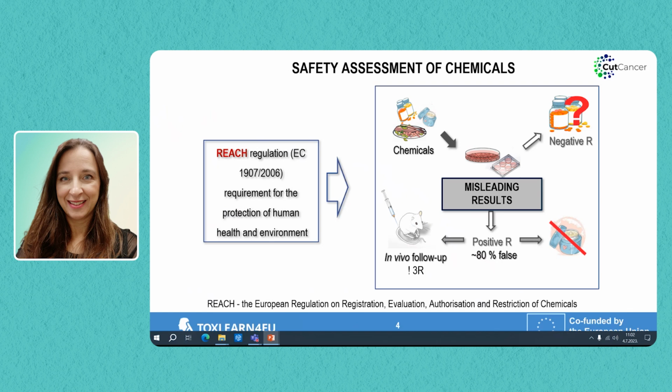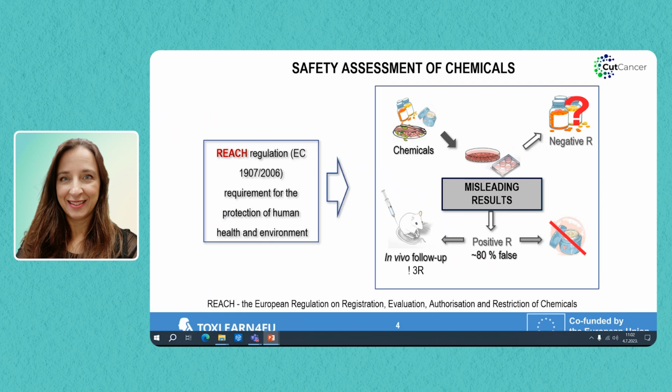Usually when we test the safety, we also use liver cells, and lymphocytes can also be used. And many times the results we get are misleading because they are positive results. 80% of positive results are actually misleading because the cells do not adequately reflect what is happening in our body.